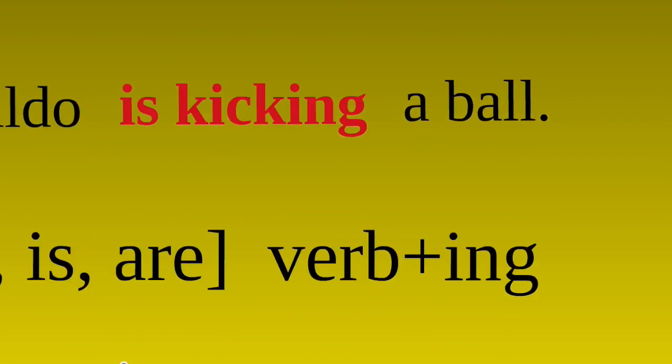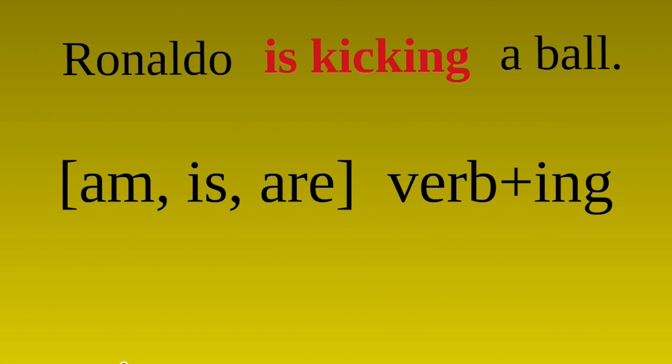Ronaldo is kicking a ball. We start with the subject, and then we use am, is, or are, and then the verb plus ing. We use am for I, we use is for he, she, it, and we use are for everything else, you, we, and they.